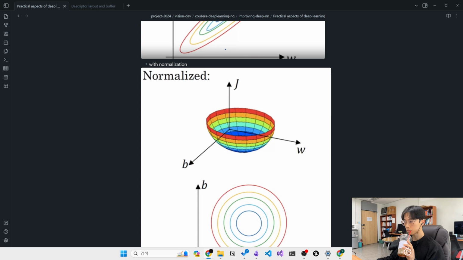Whereas if you have more spherical contours, then wherever you start, gradient descent can pretty much go straight to the minimum.